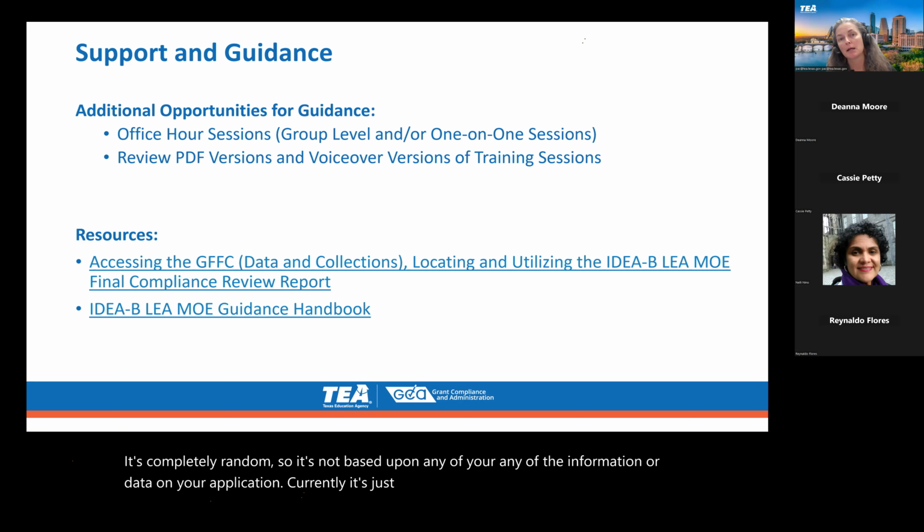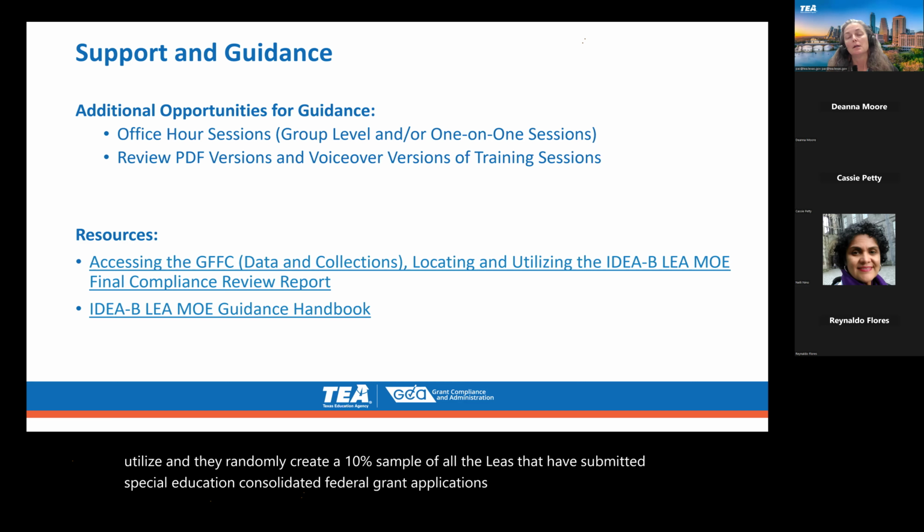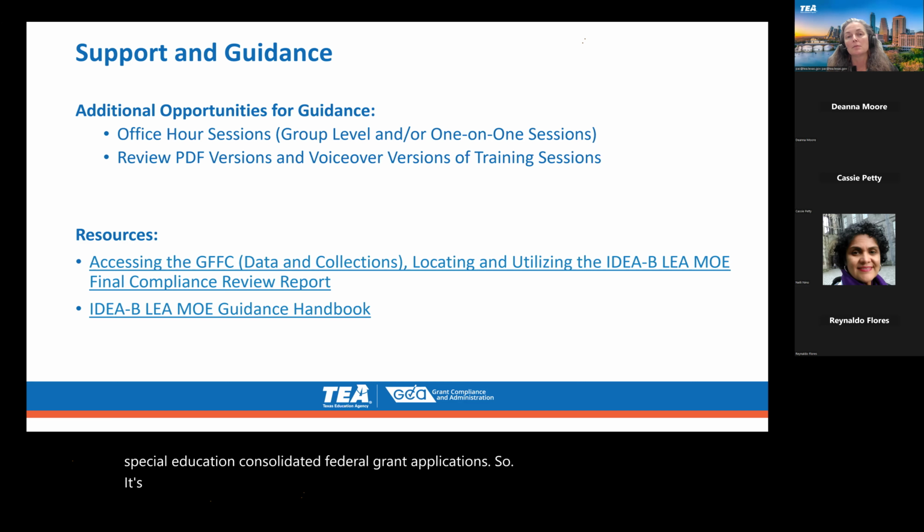It's literally a code that our programmers utilize, and they randomly create a 10% sample of all the LEAs that have submitted special education consolidated federal grant applications. So it's not targeted in that way whatsoever.